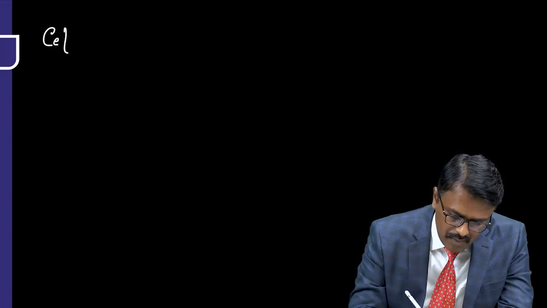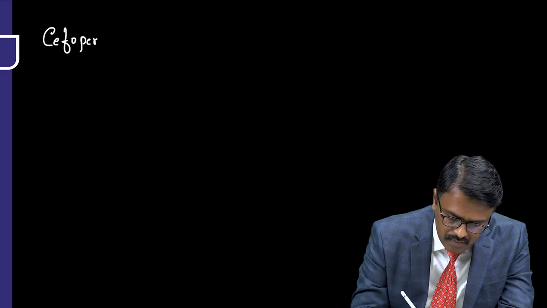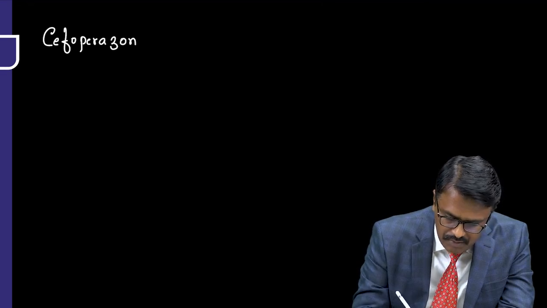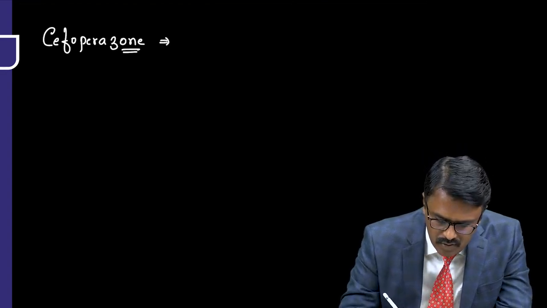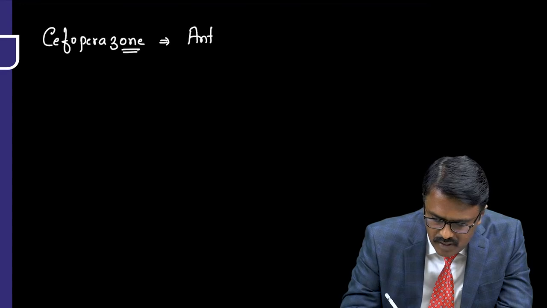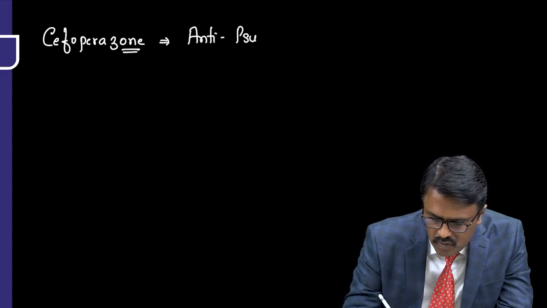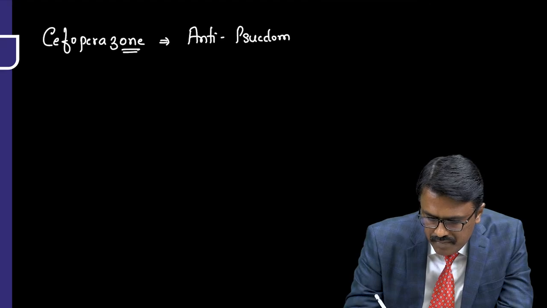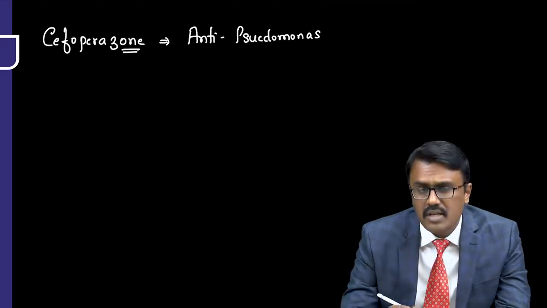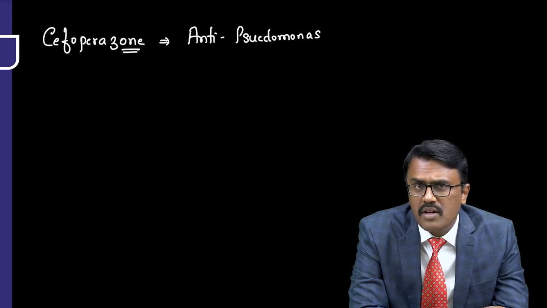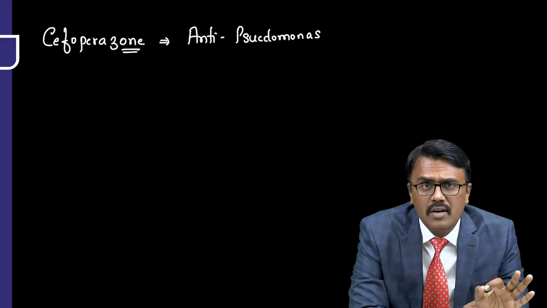Now once we know that, another group of beautiful drugs we need to remember is the cephalosporins that have activity on Pseudomonas. So it has anti-Pseudomonas property. The question is whether ceftriaxone has Pseudomonas activity. No. Ceftriaxone doesn't have Pseudomonas property.